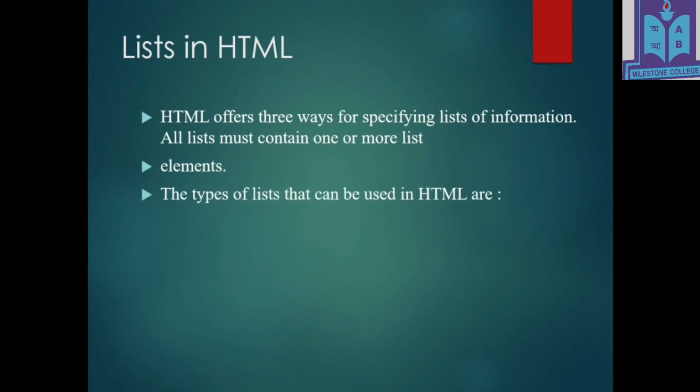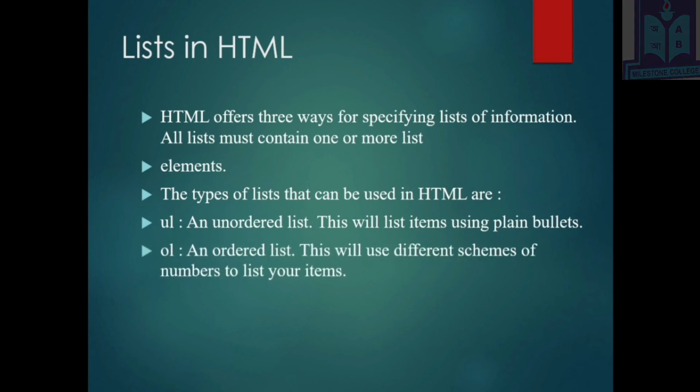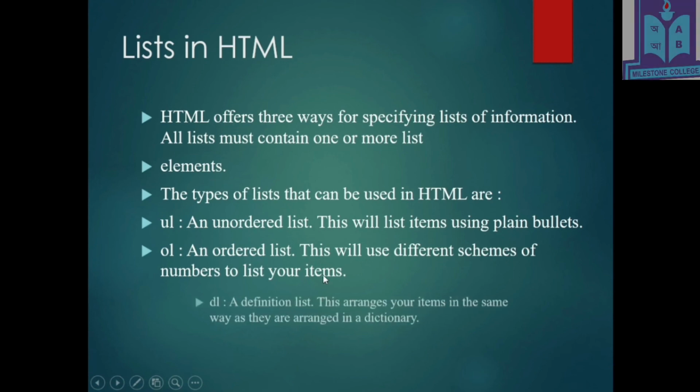The types of list that can be used in HTML are, first, UL, an unordered list. This will list items using plain bullets. Second, OL, that means an ordered list. This will use different schemes of numbers to list your items.